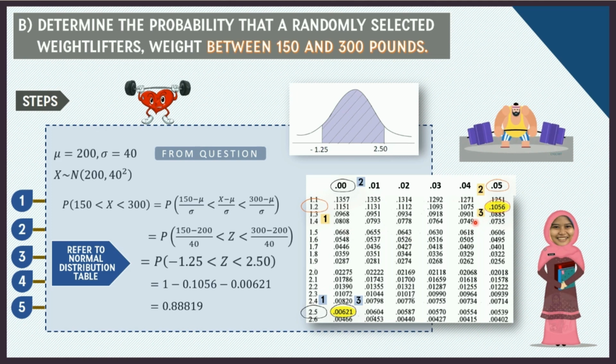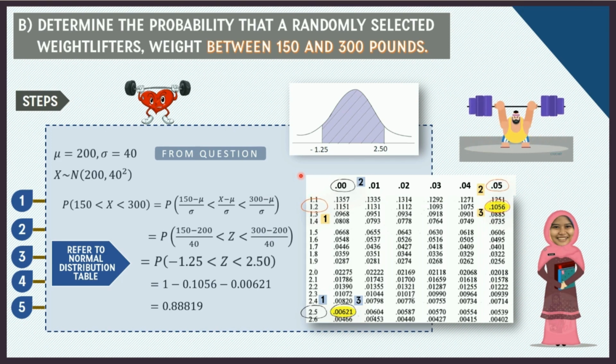The probability shown here is 0.1056. Next, we need to search for the second value of z, which is 2.50, and we get 0.00621. After that, we proceed to sketching the normal distribution graph.